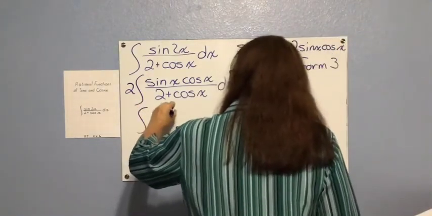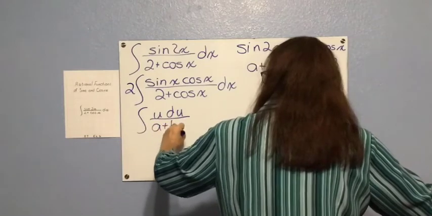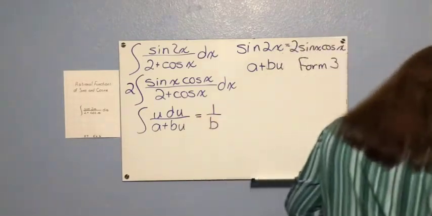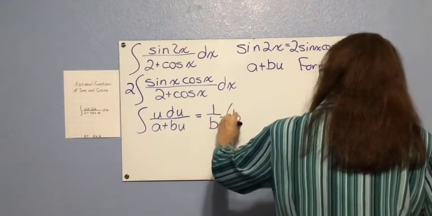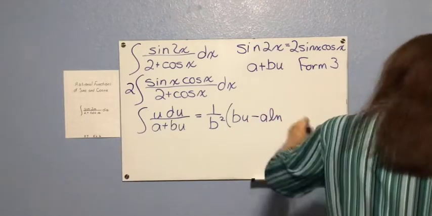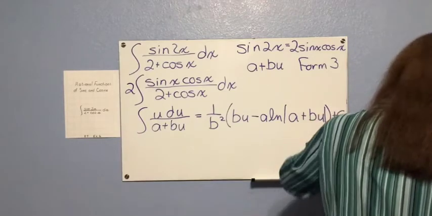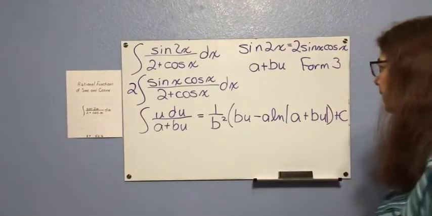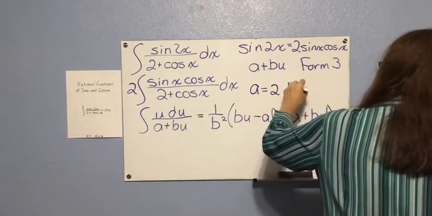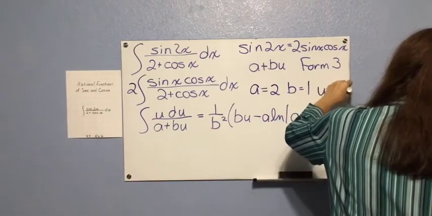The integral of u du over a plus bu is equal to 1 over b squared times bu minus a natural log absolute value a plus bu plus C. So in this problem, we'll have a equals 2, b equals 1, and u equals cosine x.